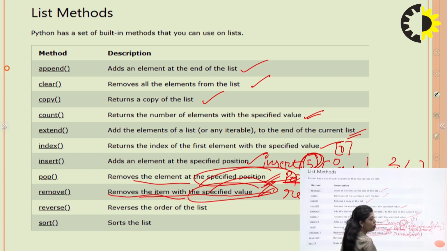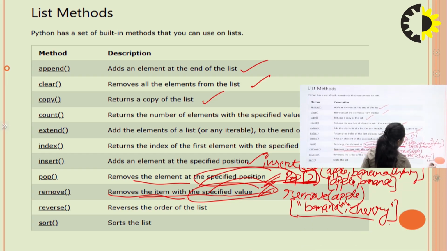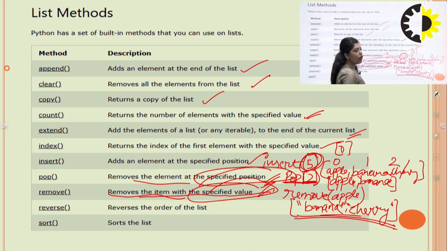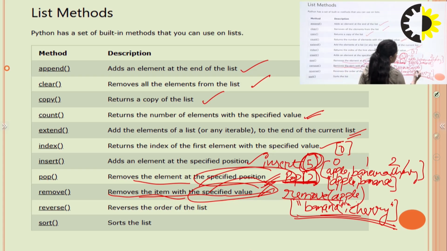So, the output of that list is banana, cherry. This is the difference between pop and remove. We pop at the specified position and we remove at the specified value.